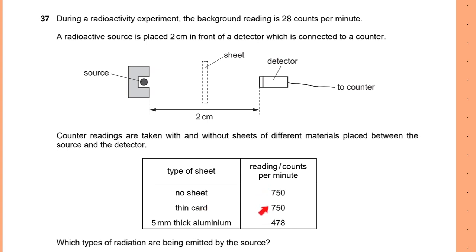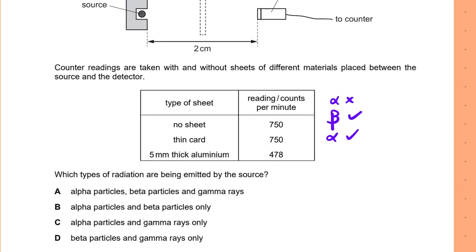So there's no drop here. Now the thin card is basically used to block alpha, so there's no alpha here. But with the aluminium, the reading does drop, so that means it is beta. Right? So this drop tells us there is beta, but there is radiation which is still going through, which means that there is gamma as well. So it's beta and gamma, which is option D.